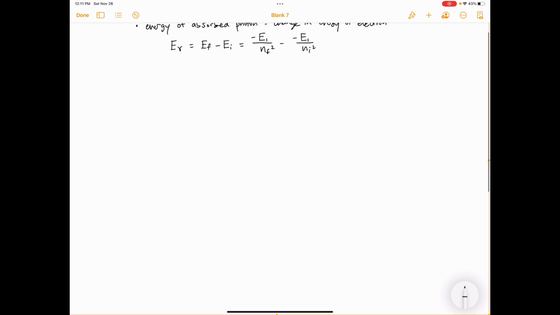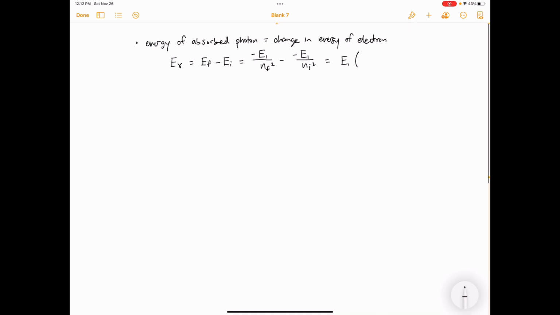So I can pull out an overall factor of E1 if I need to. And I can write this as E1 times 1 over N initial squared. So there's two negative signs next to that term, so it's overall positive. And then minus 1 over N final squared.